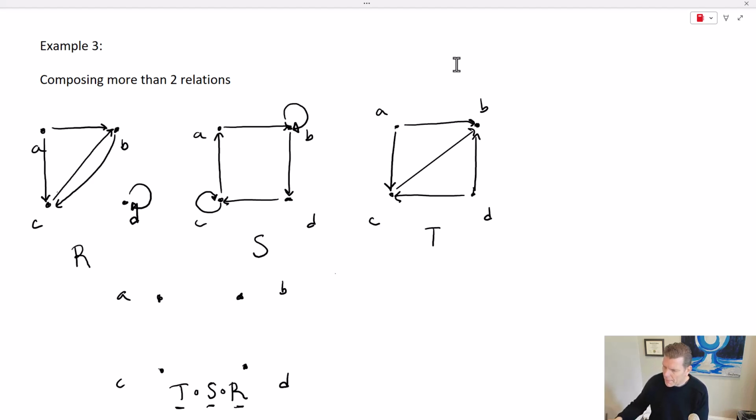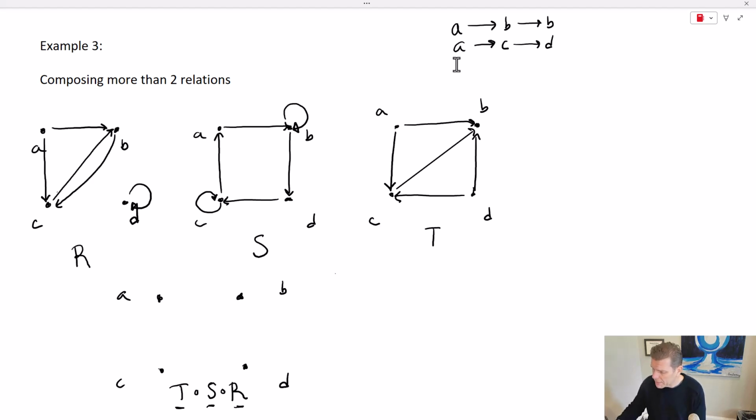Great. So I'm kind of thinking along these lines, and I'm going to draw a little picture here. I've got A goes to B, A goes to C, and we'll see that in S, B goes to B, and B goes to D. And now we've got to move over to T, and we'll notice that B goes to nowhere.